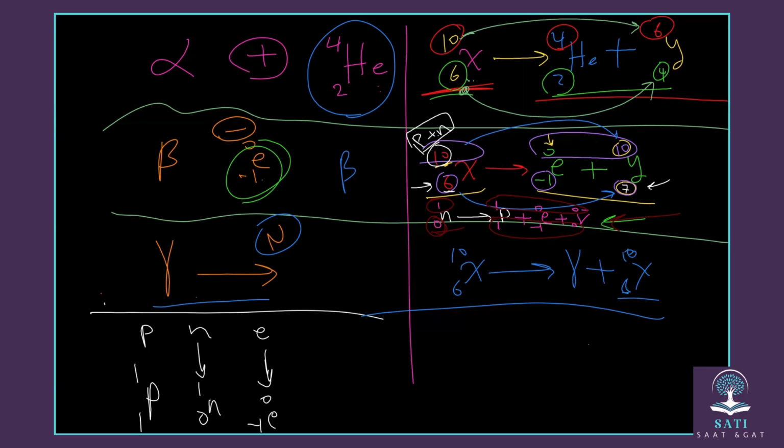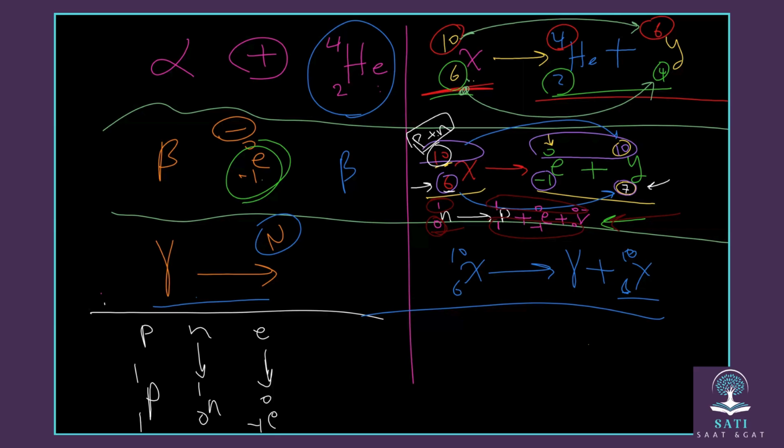So you understand now the types of nuclear radiations, which are alpha, gamma, beta, and when they happen, and we understand the difference between each one.